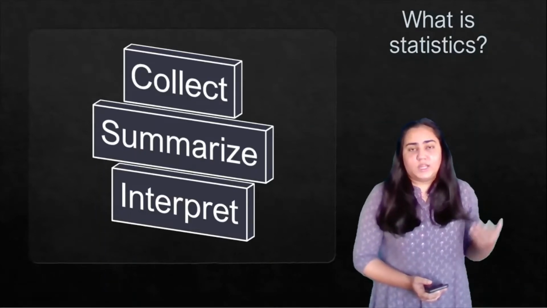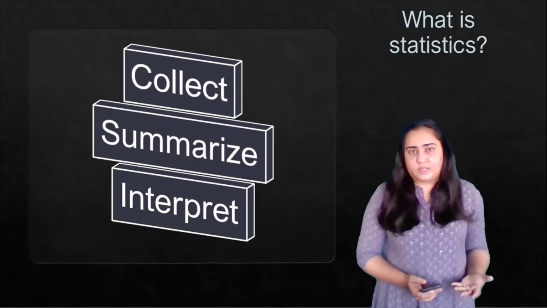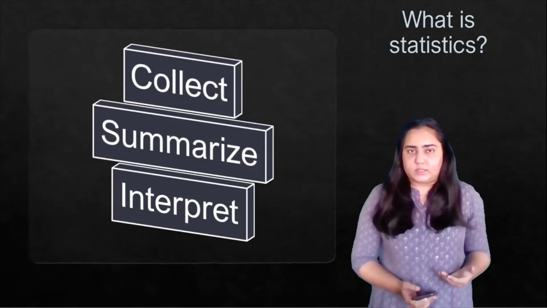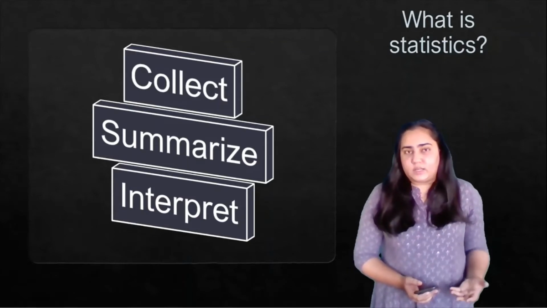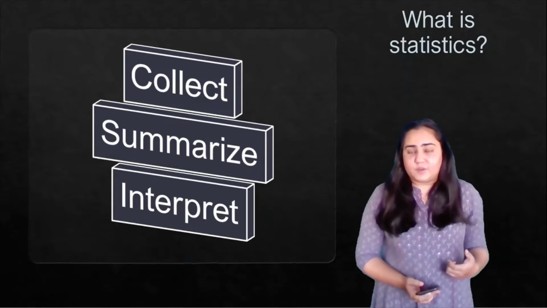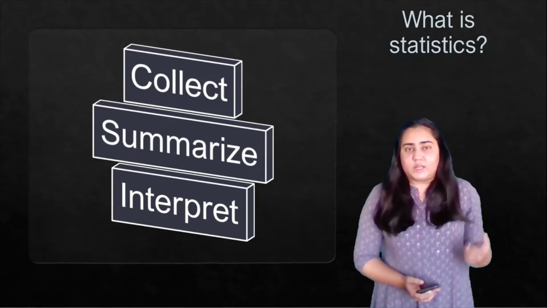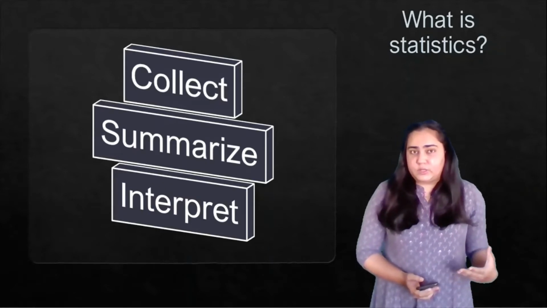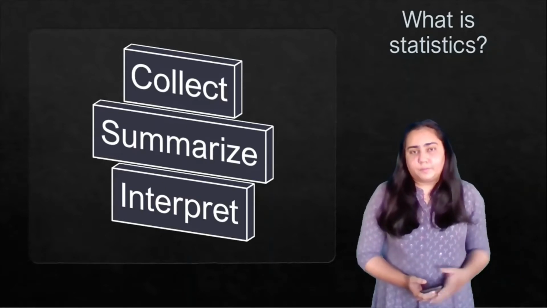So once you collect that data, once you gather that data, then you can analyze it. And in order to be able to collect data, you'll study some techniques of how you can gather data in such a way that it has more meaning and that it is not biased towards one opinion or the other.